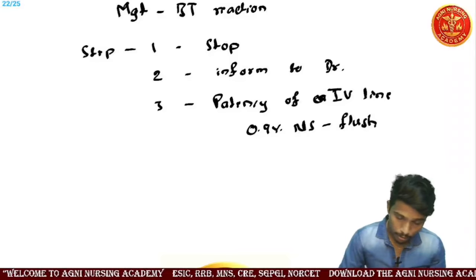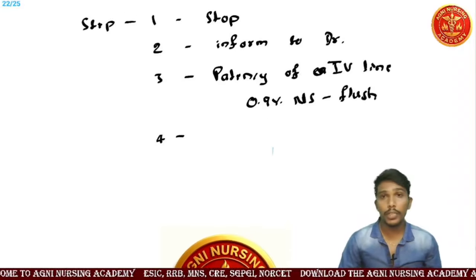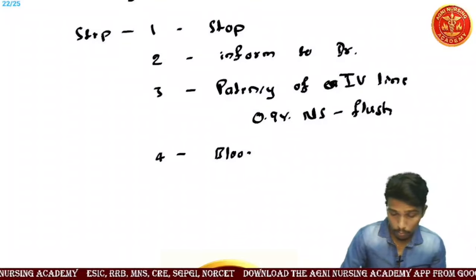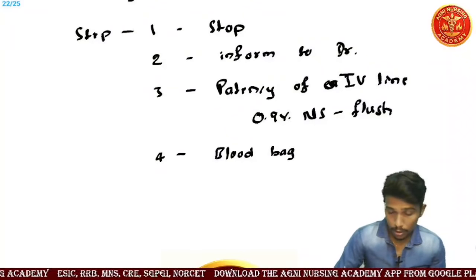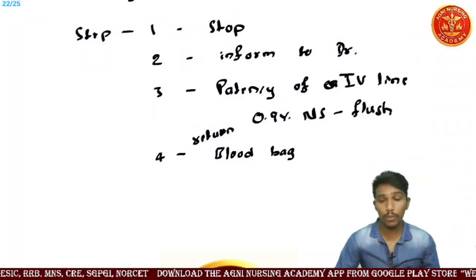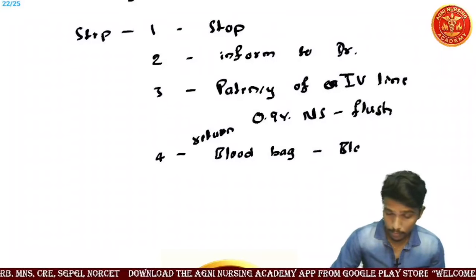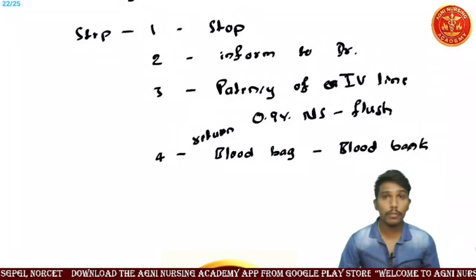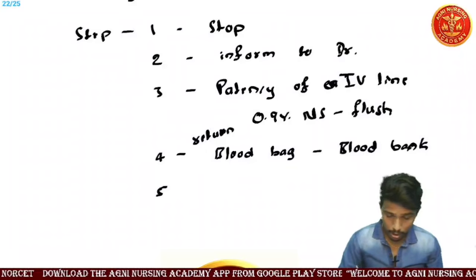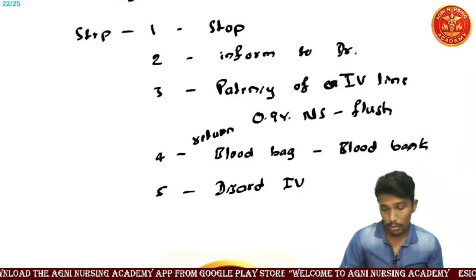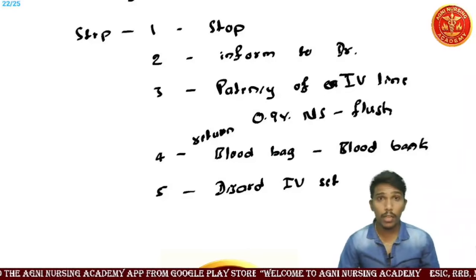Okay, after that we have to return the blood bag to the blood bank. And after that we have to discard the IV set, not the cannula, IV set only.